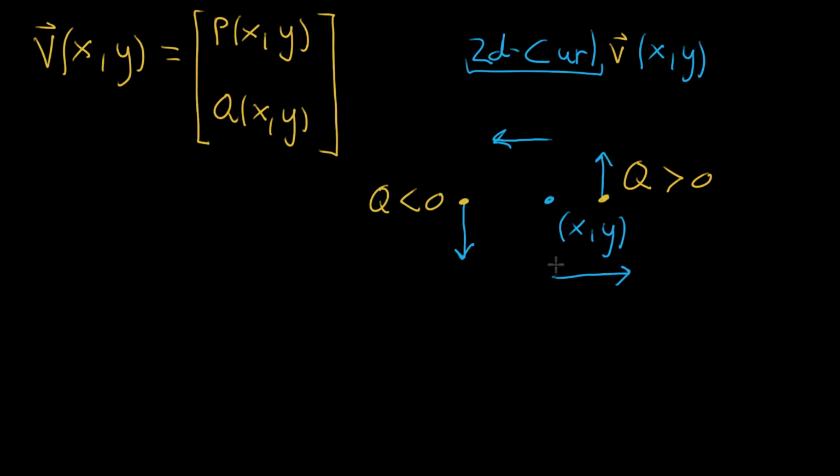And then these bottom guys, you'd have a rightward vector below and a leftward vector above. The one below it, whatever point you're evaluating that at, p, which gives us the left-right component of these vectors, since it's the first component of the output, would have to be positive. And then above it here, when you evaluate p at that point, it would have to be negative. Whereas p, if you did it on the left and right points, would be equal to 0 because there's no x component.